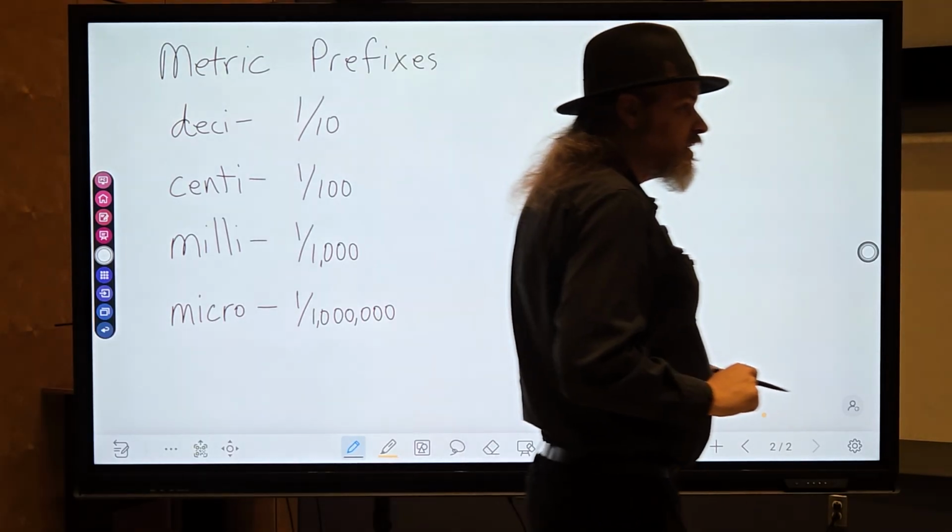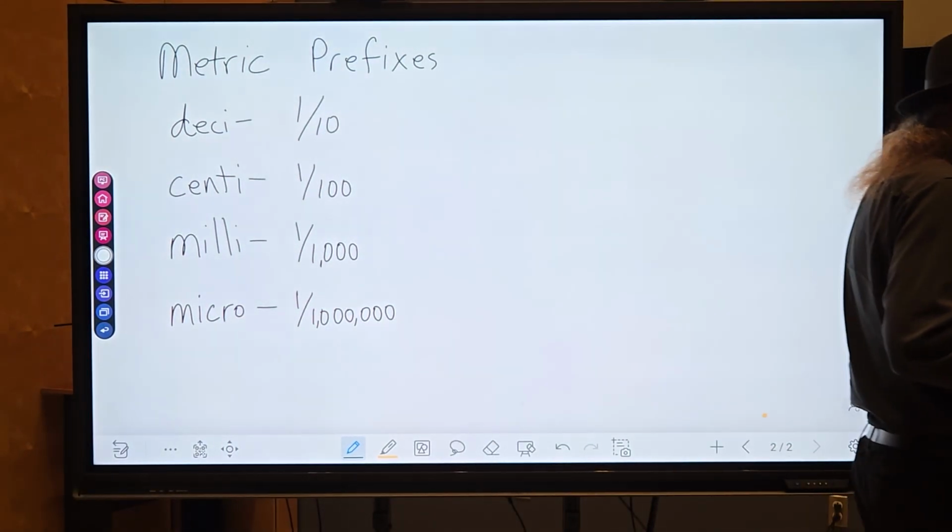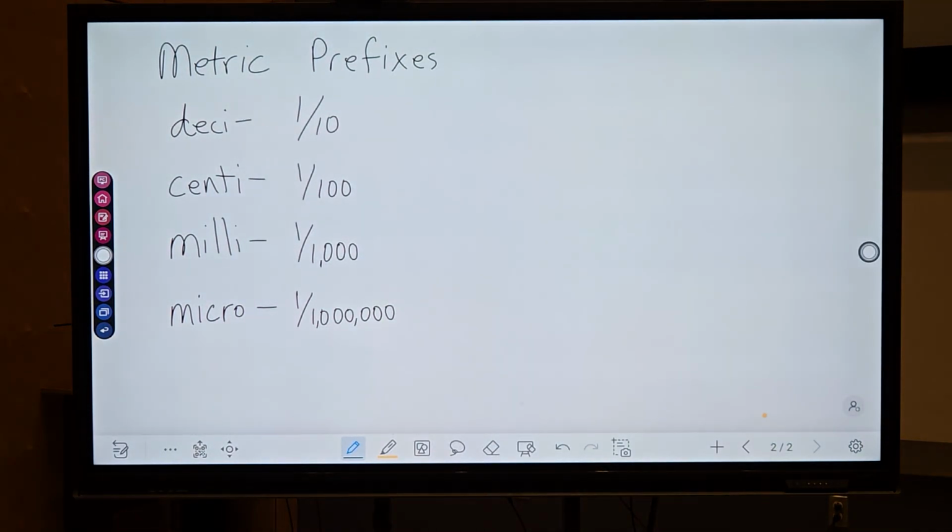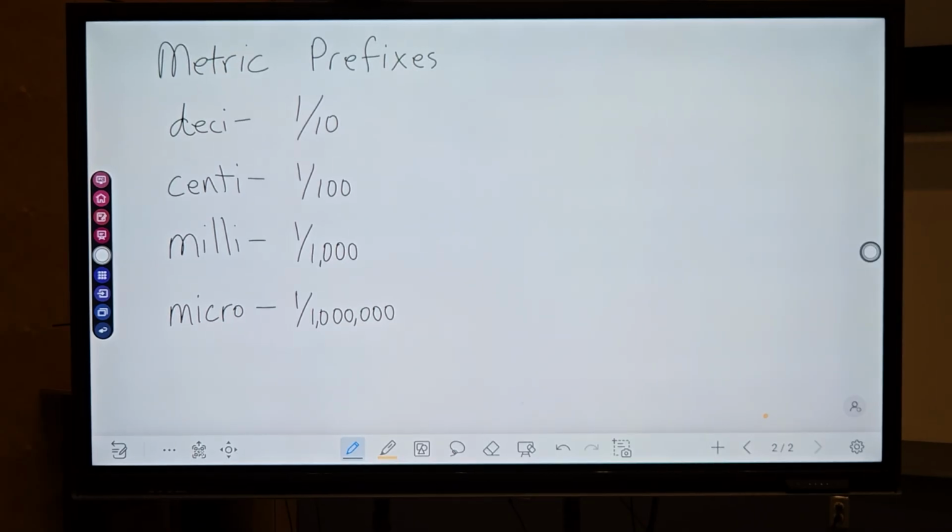Again, microfarads are a common unit used for capacitors, at least the kind of capacitors that you can pick up. A multifarad capacitor would be too heavy for you to pick up. They're that large.